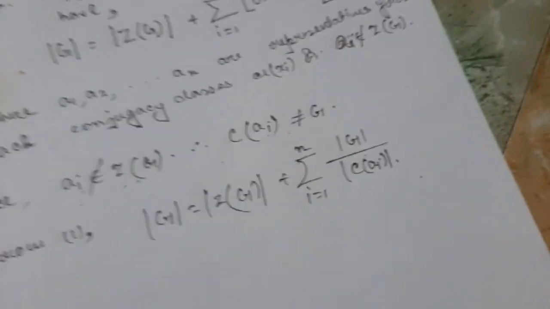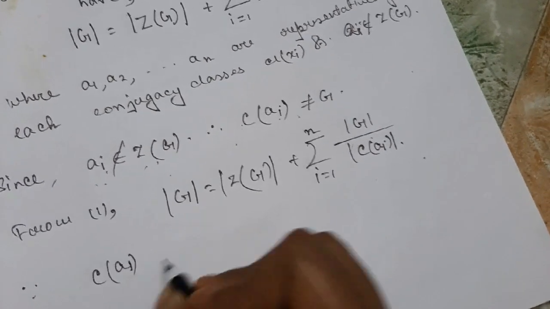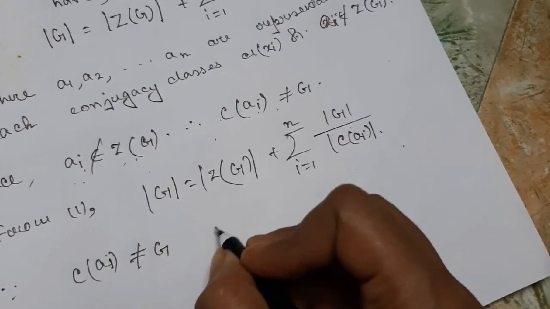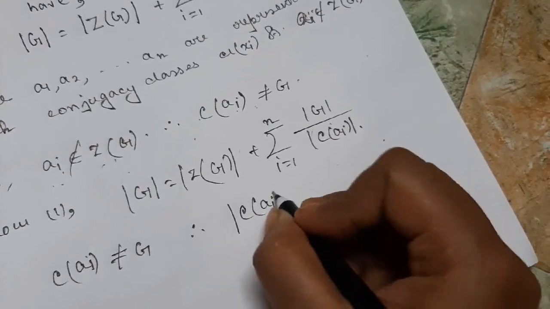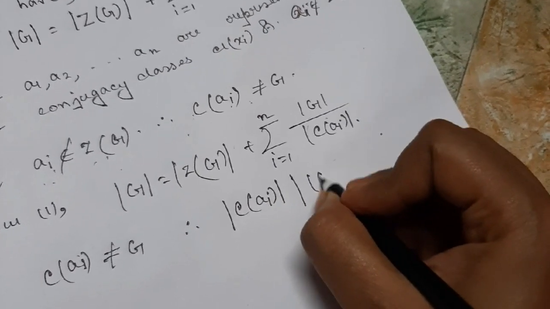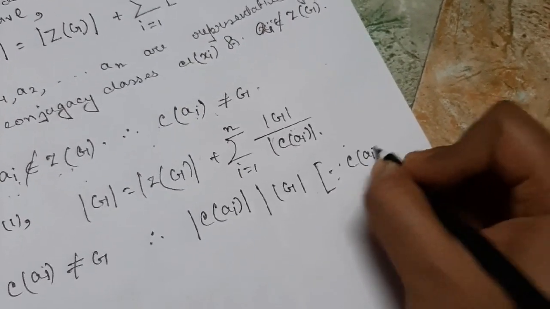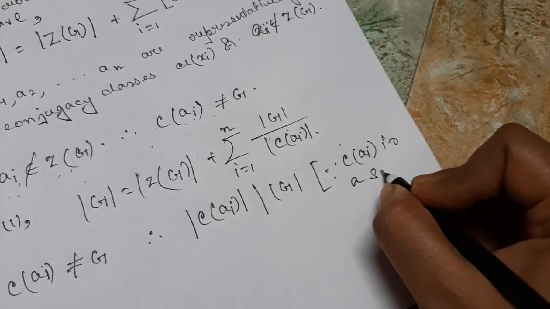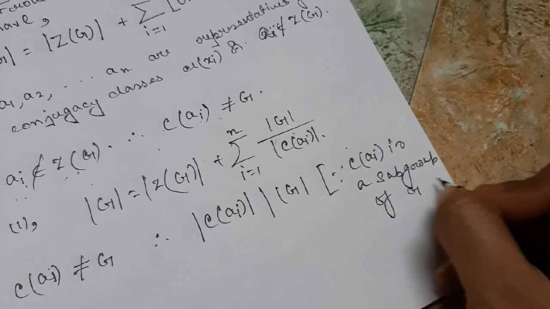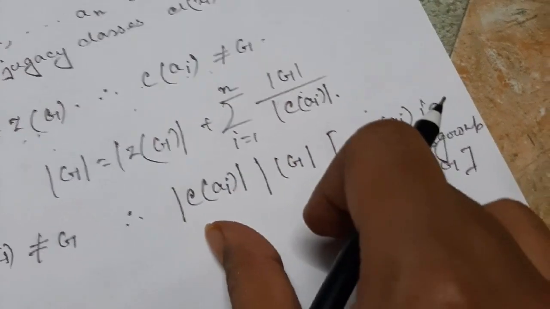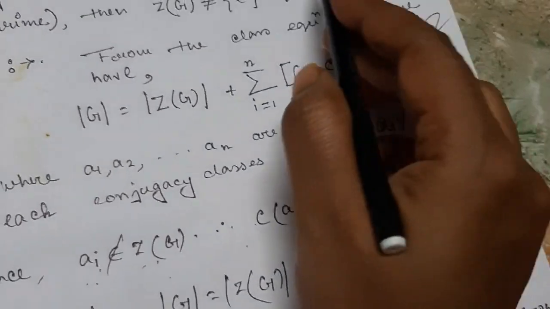This can always be written. Now since the centralizer of Ai is not equal to G, therefore cardinality of C of Ai divides cardinality of G. Why? Since the centralizer is a subgroup of G, and by Lagrange's theorem this happens. Therefore, what is the order of the group? The order of the group is p to the power n.